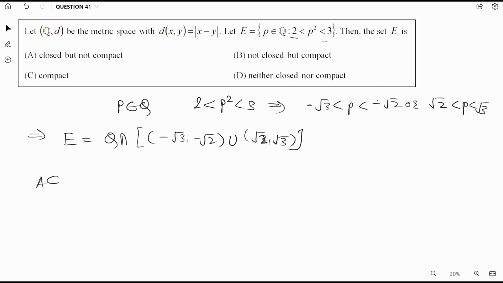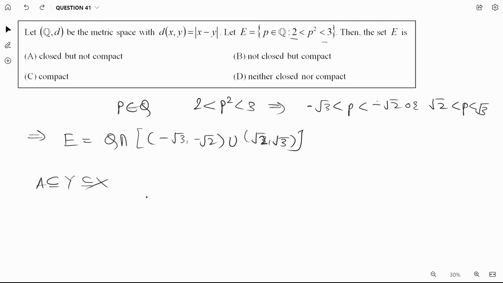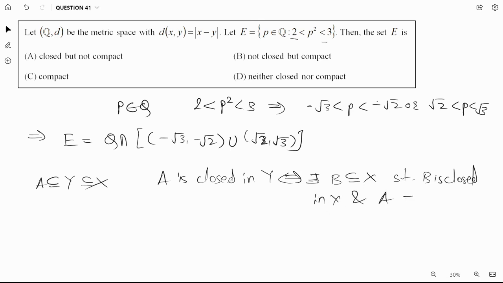If A is a subset of Y, and Y is a subset of X, where X is a metric space and Y is its subspace, then A is closed in Y if and only if there exists B subset of X such that B is closed in X and A is equal to B intersection Y. So A is closed in Y if and only if there is a closed subset of X whose intersection with Y is equal to A, right?